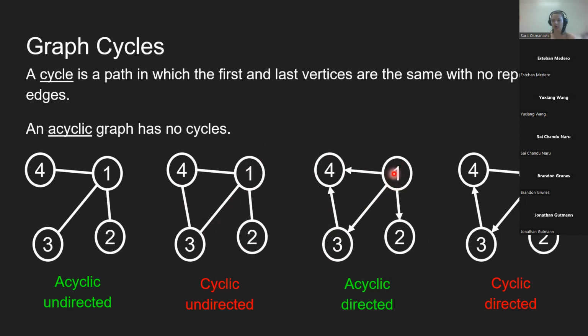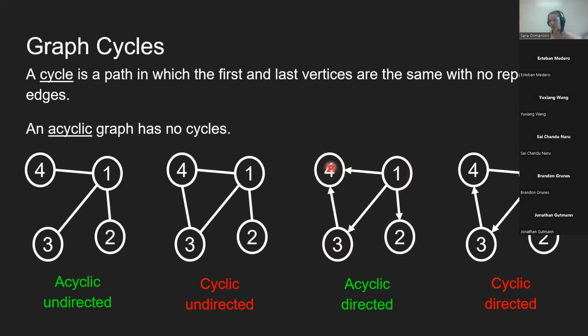So if you start at 1 and you go down to 3, you can go to 4, but from 4 you cannot go anywhere. So it's not cyclic. And this one is also not connected either, because you cannot visit all vertices with these directions, because if you go to 2, then you cannot go anywhere else. If you go to 3 and then you have to go to 4, you're not visiting 2.